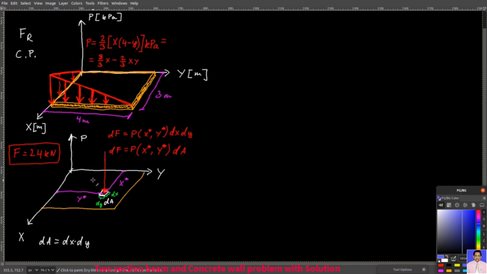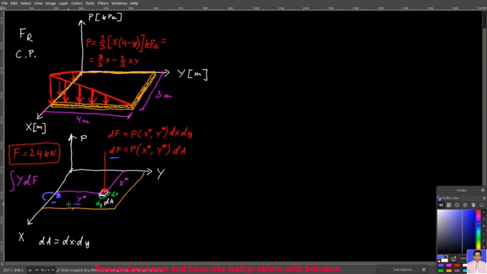If you now want to get the total moment about the x-axis, you have to multiply this dF by this distance y that separates you from the x-axis. And so you do it here, you do it here, then you also do it here, so you do it everywhere. You go through the entire area of the plate. You sum them all up with an integral, and then you will get the total moment about the x-axis.